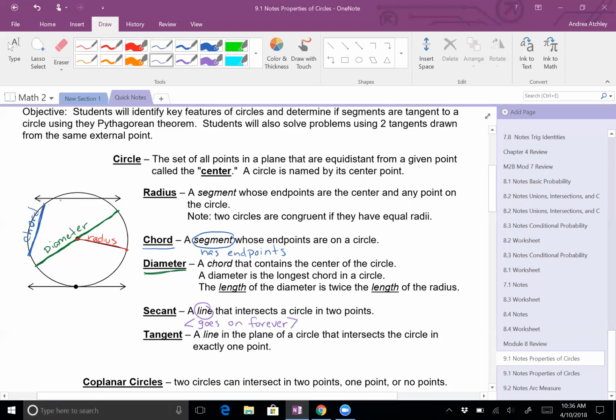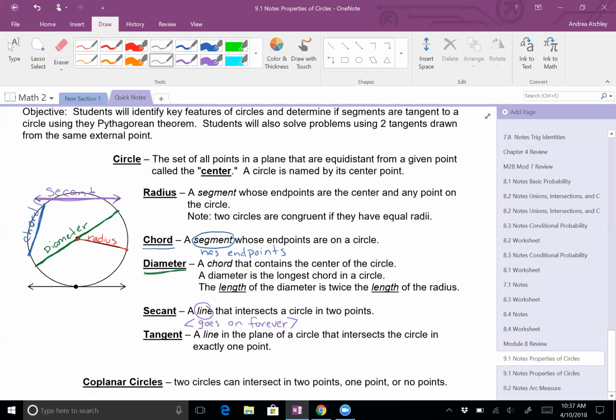So this is my wonderful secant. Any questions over that?